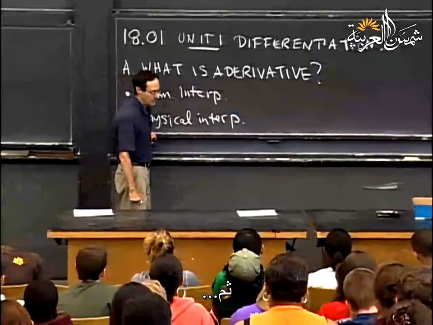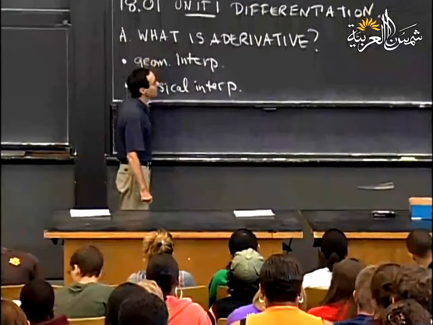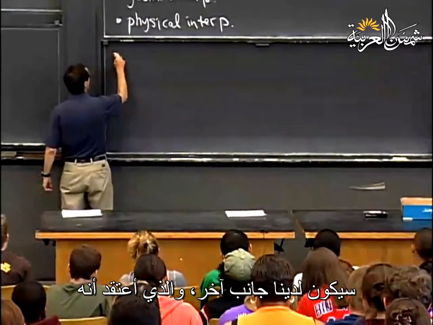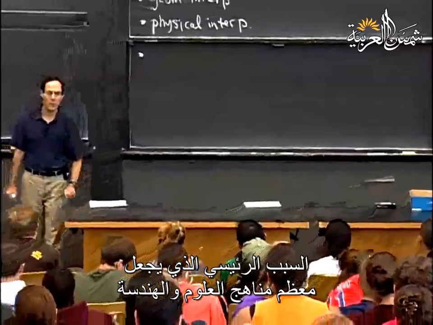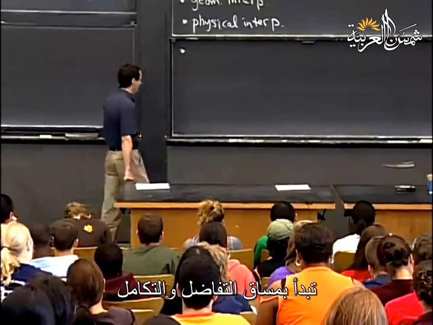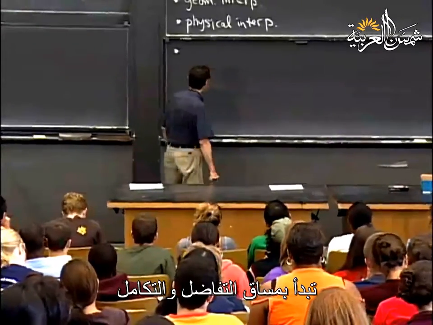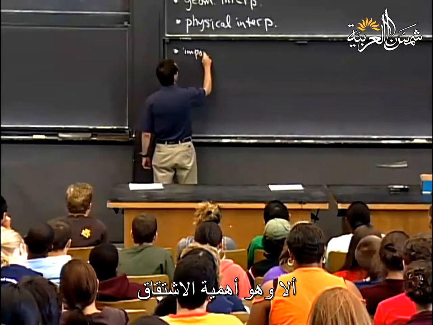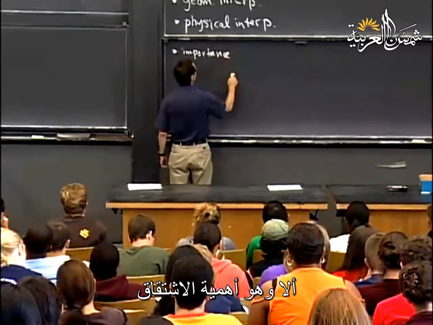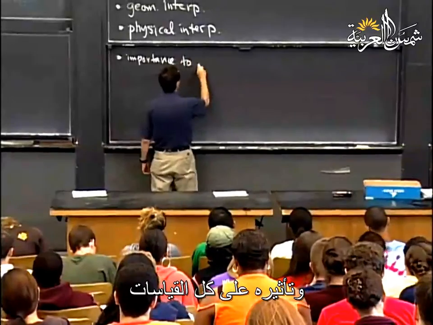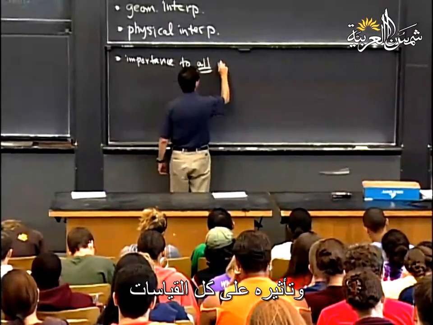And then there's going to be something else, which I guess is maybe the reason why calculus is so fundamental and why we always start with it in most science and engineering schools, which is the importance of derivatives to all measurements.